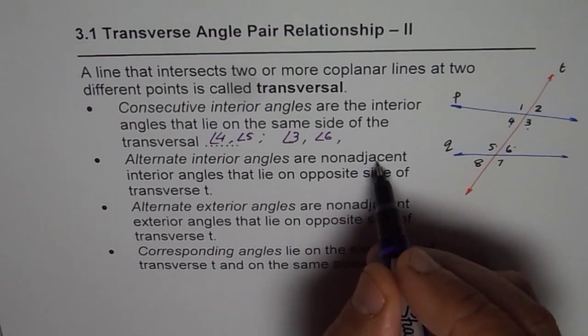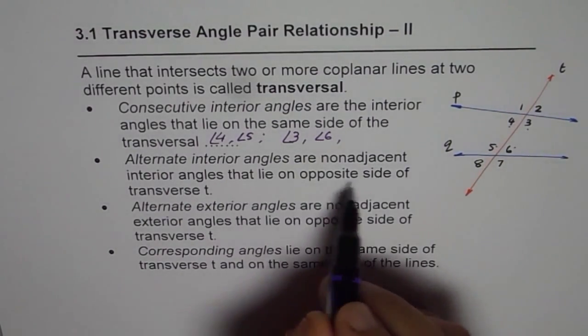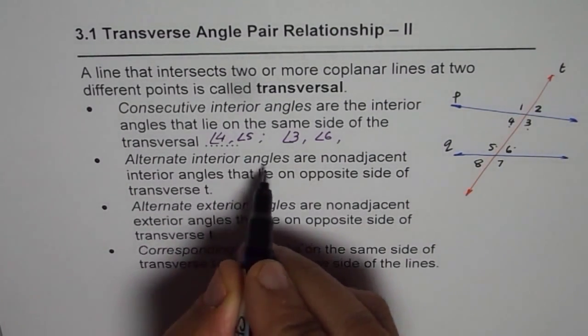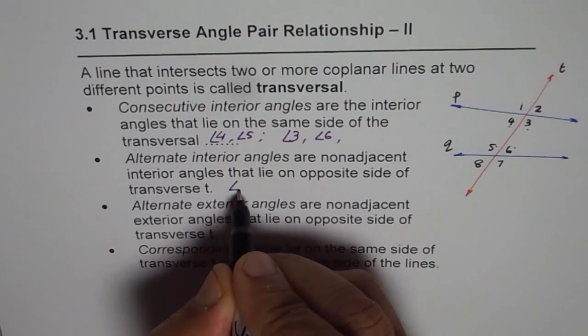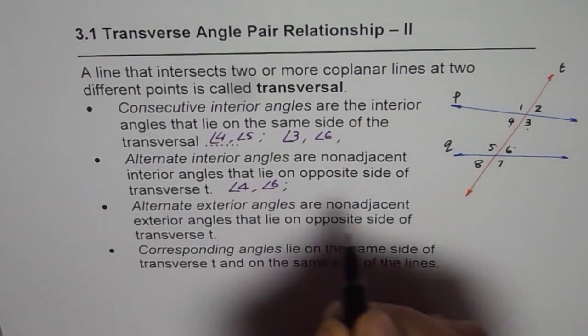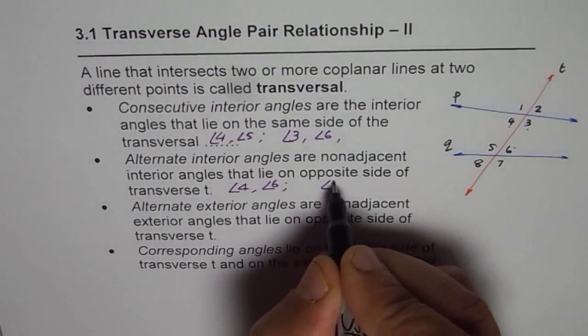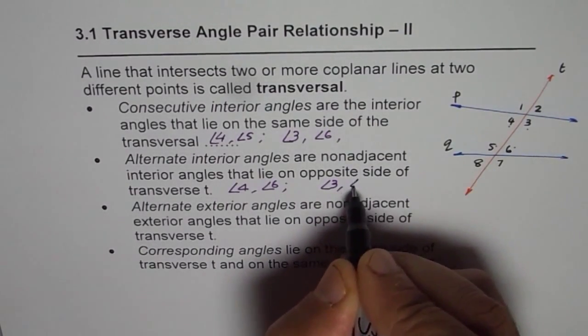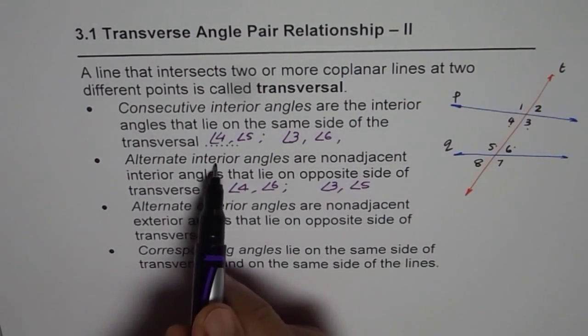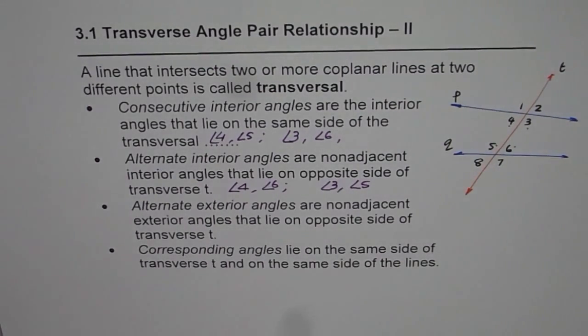So the pairs which are alternate interior angles for us will be angle 4 with angle 6 and angle 3 with angle 5. So this set of angles are alternate interior angles, correct?